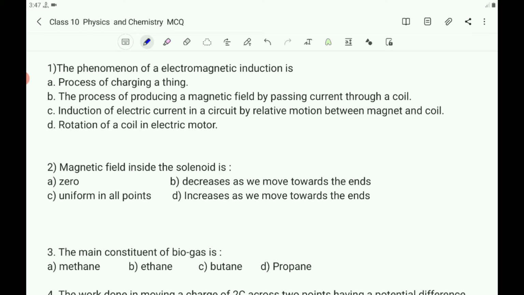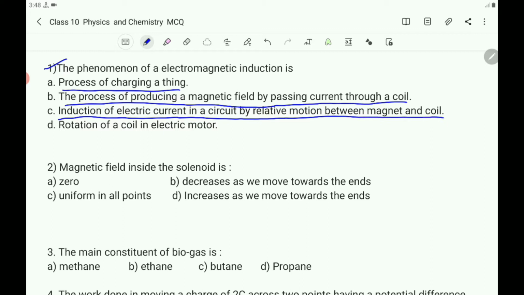Now let us discuss the first question, the phenomenon of electromagnetic induction. Here the four options are: process of charging a thing, the process of producing a magnetic field by passing current through a coil, induction of electric current in a circuit by relative motion between magnet and coil, rotation of a coil in an electric motor.